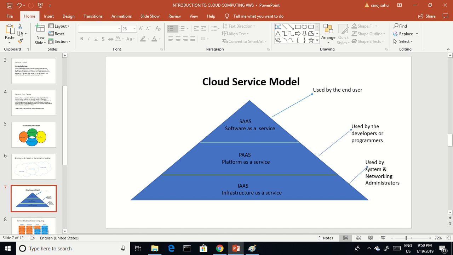So that is called platform as a service. And the third one is infrastructure as a service. Means system administrators and network administrators require this type of service. Like, I have a requirement of 10 or 20 or 100 EC2 instances. EC2 instances in the AWS cloud are virtual machines, and other cloud vendors also call them instances.